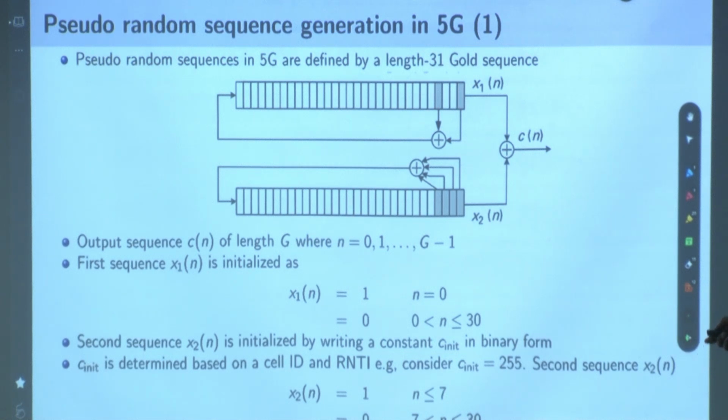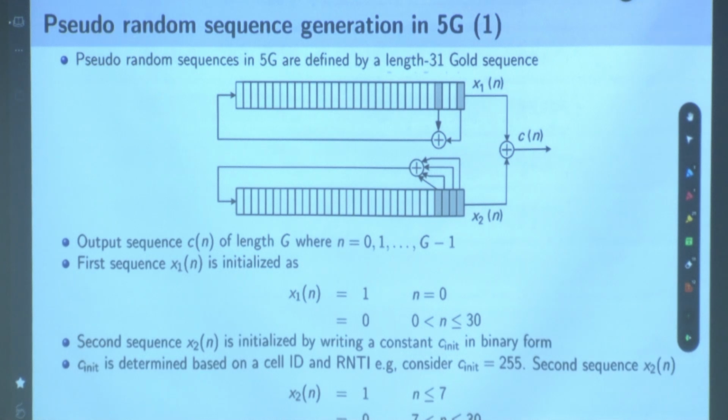Now you have initialized these two shift registers. How are x1 of n and x2 of n generated for different values of n? Because you need to generate the c of n for n running from 0 to g minus 1. You need to generate such a bit sequence.